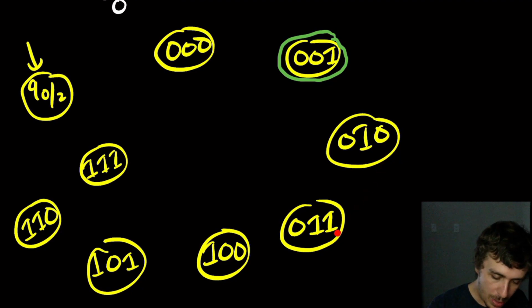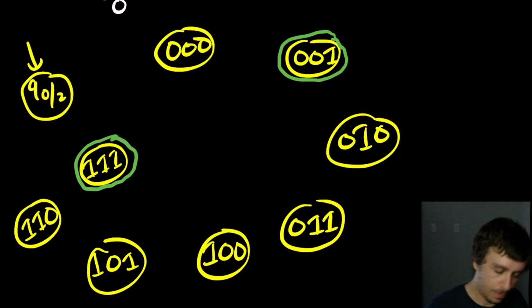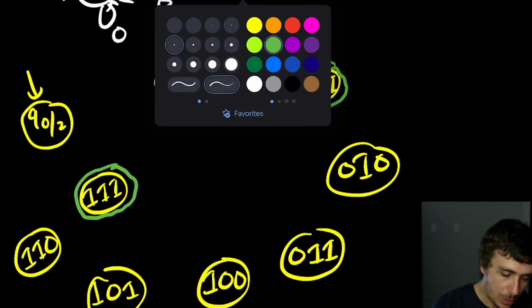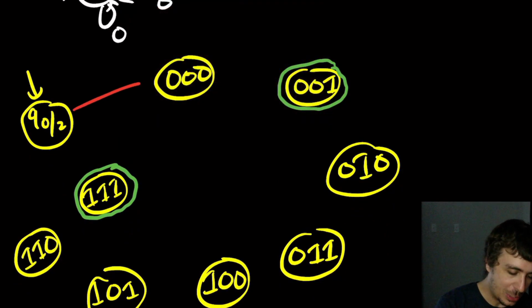Does not end in a 1, does not have identical first two, does not end in a 1, doesn't have the identical first two, does not end in a 1, has identical first two, so this one is a final 1, 2.